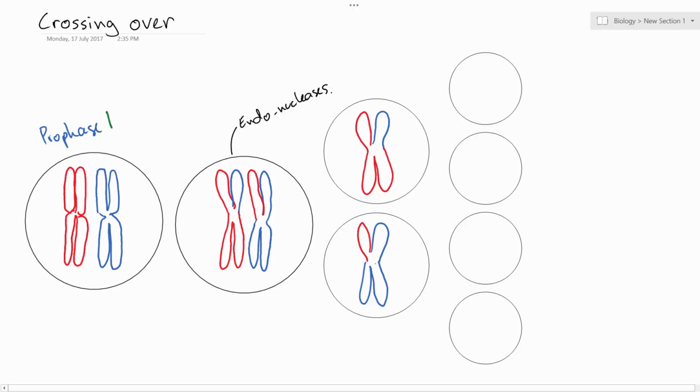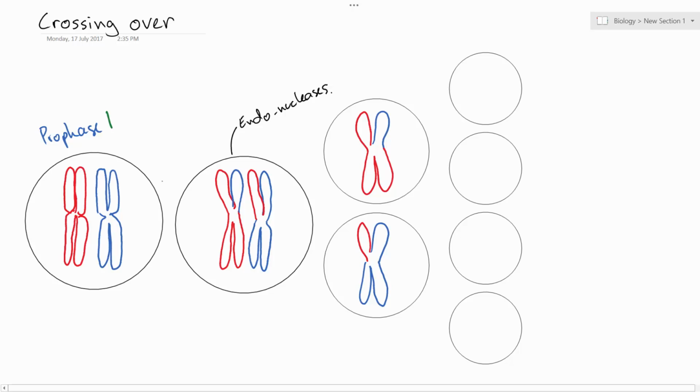What we would have seen is, in this cell all red, and in this cell all blue, but because we've got crossing over occurring here, it's varied our result, and is going to mean that there's different genetic material in those sister chromatids than we might have seen otherwise.